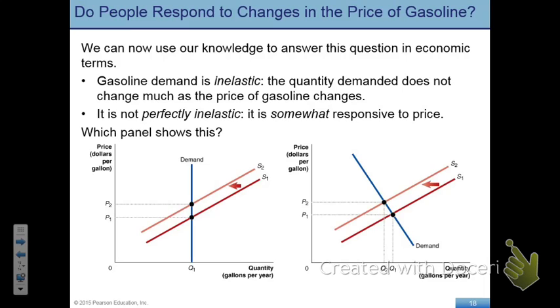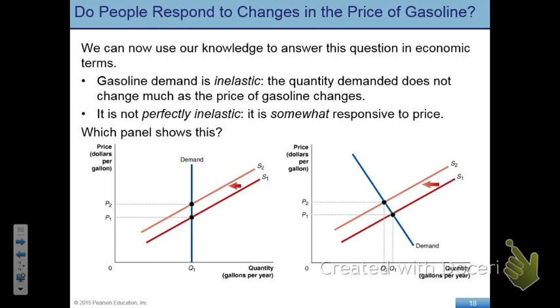As opposed to the first case, in the second one your demand curve is downward sloping. It is probably inelastic, but not as much as our first demand curve. And when there is a leftward shift of the supply curve, the same as the left one, your price goes up from P1 to P2.